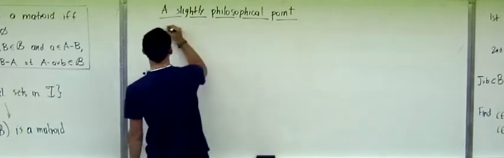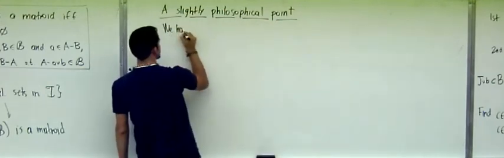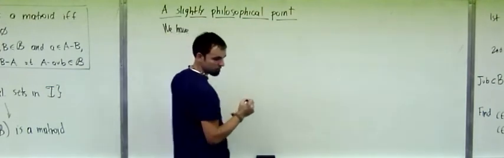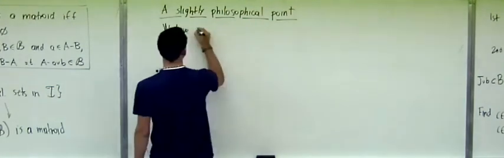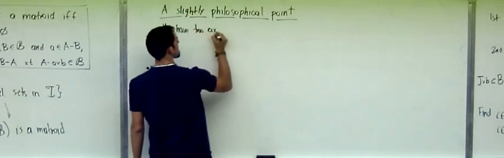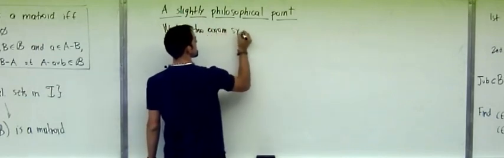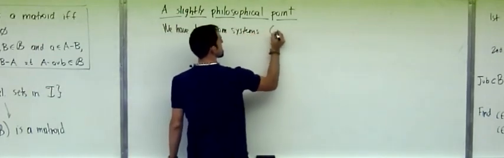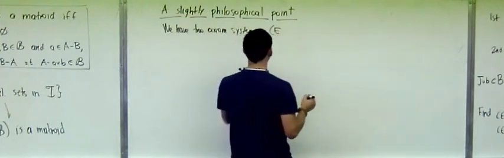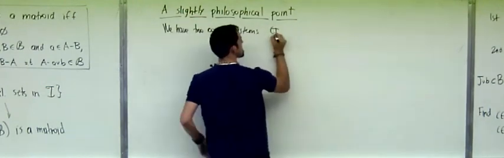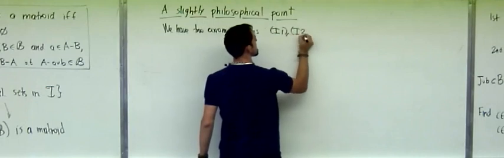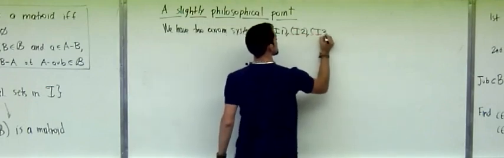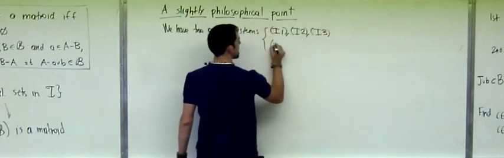Slightly philosophical point. We have two definitions. Two axiom systems. One for independence, and one for bases.